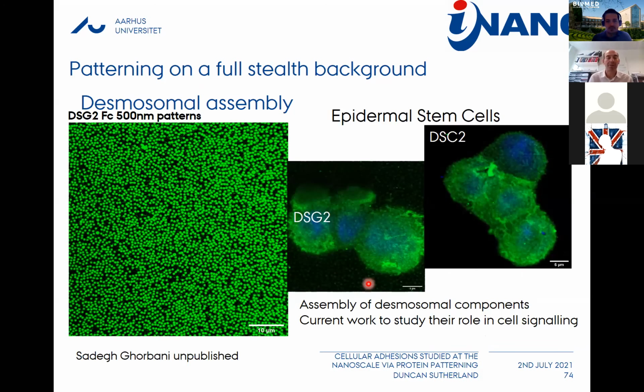Here are the cells, and you can see the pattern in the background. But then you have a higher intensity of this DSG2 because it's the cell protein as well. And then this is the DSC2, and so we're getting both of the proteins forming, which will indicate for us that we're forming these desmosomes. And the next stage will be to see how that's involved. Is there a role for the desmosomes in cell signaling and the decision to differentiate?